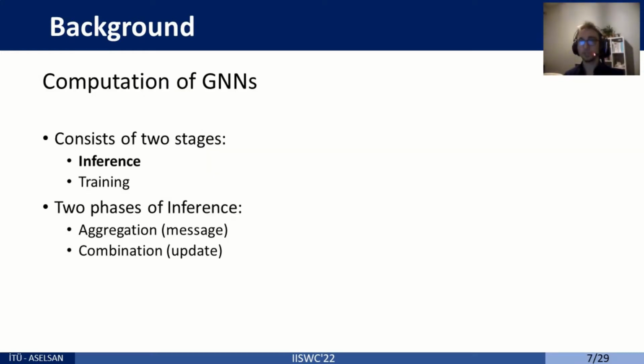Let's talk about the computation of GNNs. A typical GNN consists of two stages, inference and training. Inference is applying model coefficients to current graph features. Training is updating the model coefficients, analogous to a learning method. We, in this study, specifically focus on the inference phase of GNNs.